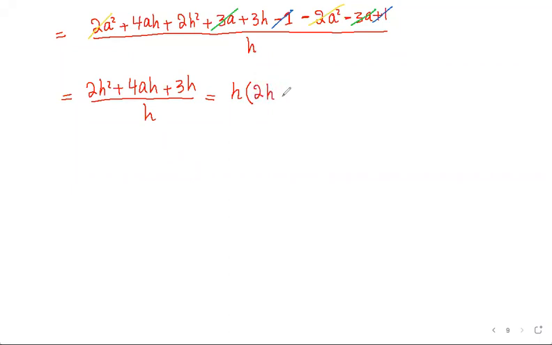I am left with h times (2h plus 4a plus 3), everything over h. Now the h with the h cancels again. So the answer is 2h plus 4a plus 3.